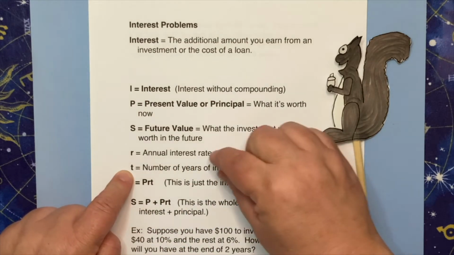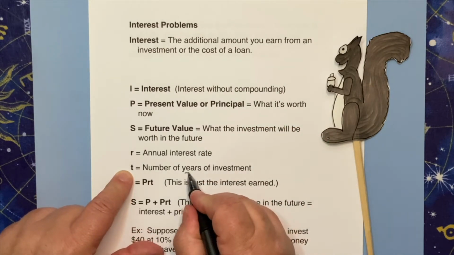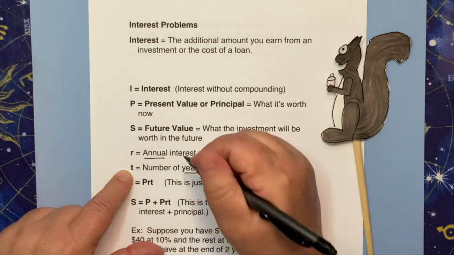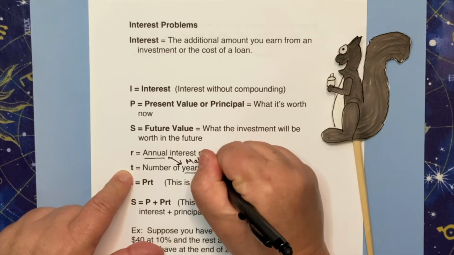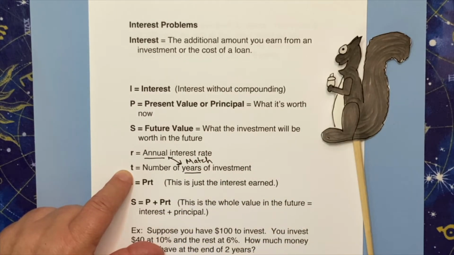So we just want to make sure that these two amounts, specifically the years and the word annual, which means per year, should match. If one says monthly, the other one should say months. If one says daily, the other one should say days. We have to have those lengths of time match up.